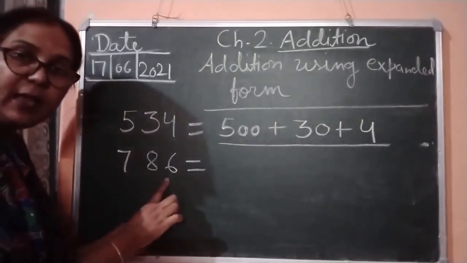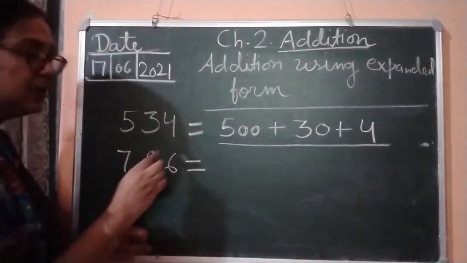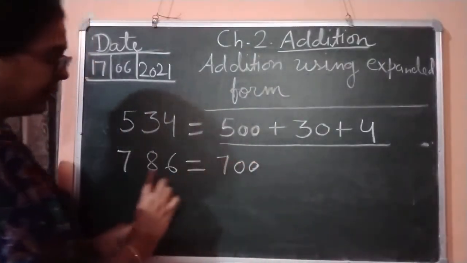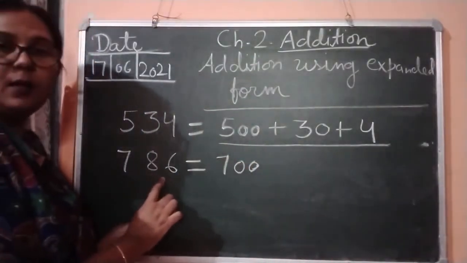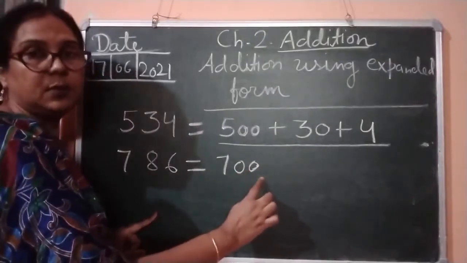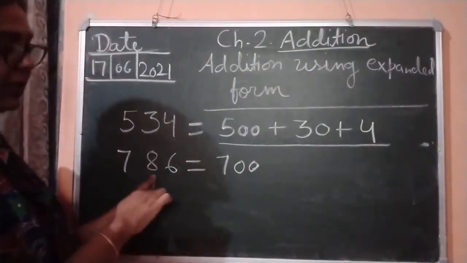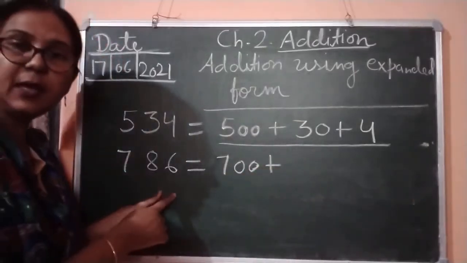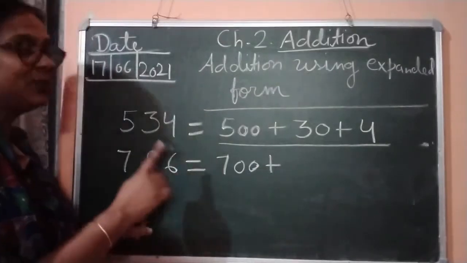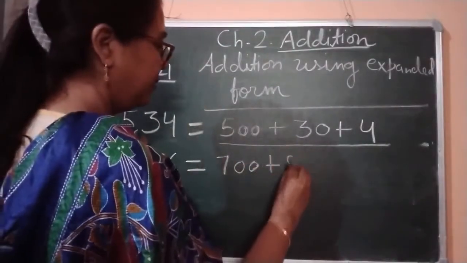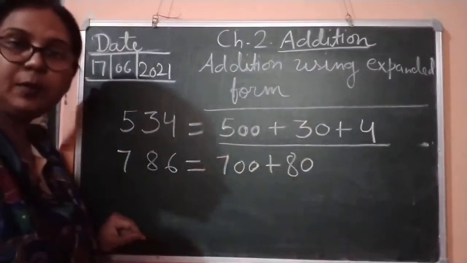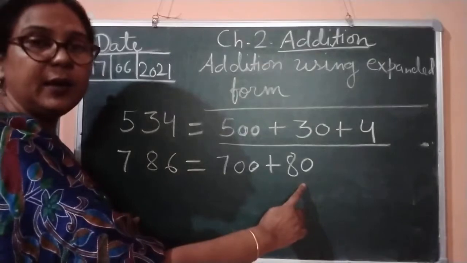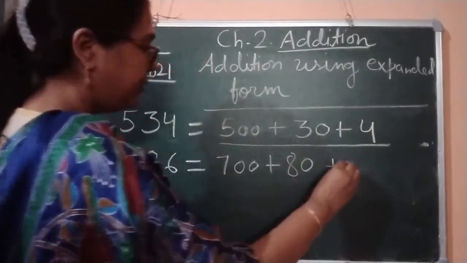That is why this is at the hundreds place, and we will write 700, because 2 numbers are after that, so we are writing 2 zeros. After that you can see 8. After 8, how many numbers are there? 1, that is 6. So we will write 80. One 0 will be added because after that only one number is there. And after that what is there? 6.